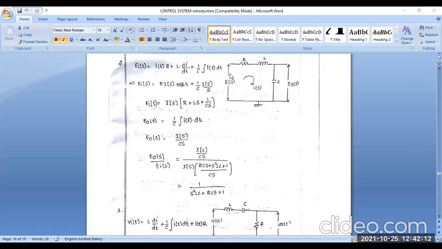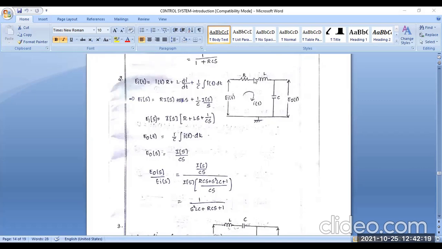Here you can see this is the input voltage, and this is the output voltage. Now this is R, L, and C. The output is taken across the capacitance, and the input also includes the resistance or load.